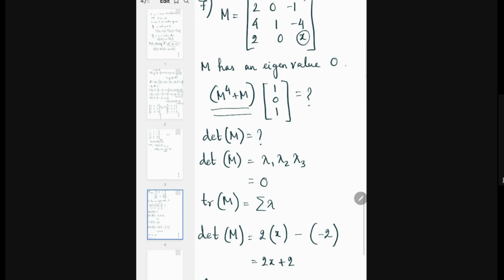And we also know that the trace of M is the sum of the eigenvalues. Now our M becomes... and we know how to calculate the eigenvalues of it, right?